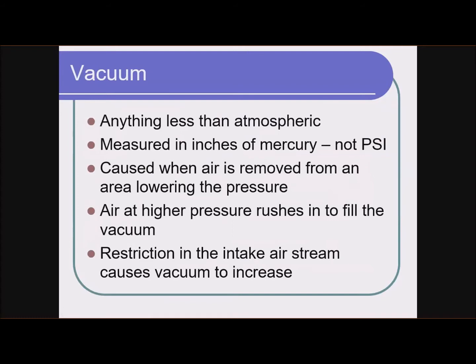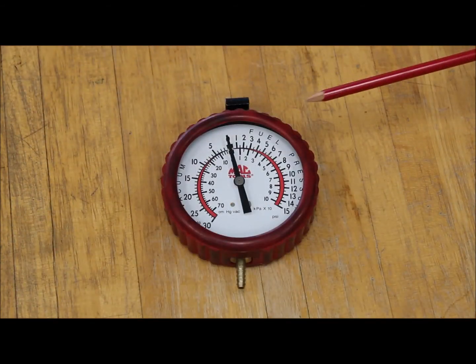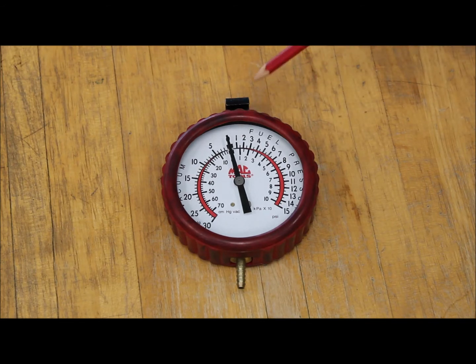So let me cut away now and go to a little picture of a vacuum gauge. Here we have a typical vacuum pressure gauge. Over on this side, clockwise, is pressure, and this outer ring is PSI, and it goes from 0 up to 15 PSI.